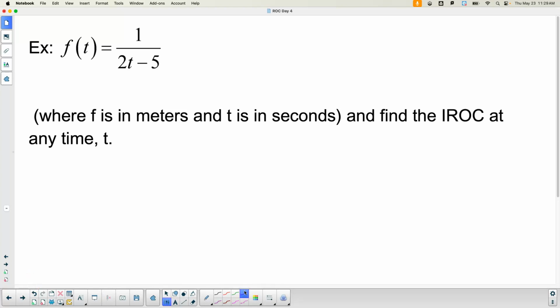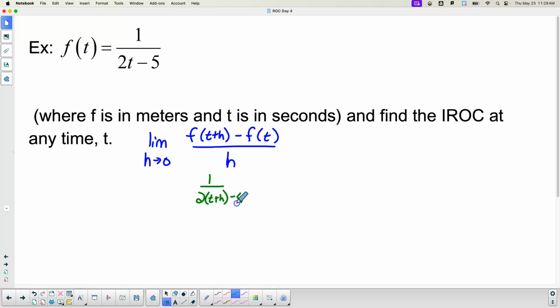Now we can go. Limit as h goes to 0 of f of t plus h minus f of t, all over h. Okay? So that's going to be 1 over 2 times t plus h, minus 5, minus 1 over 2t minus 5.